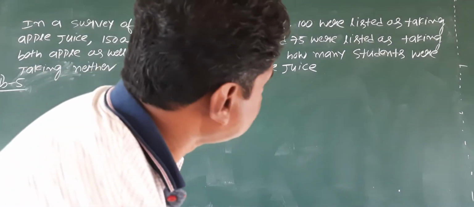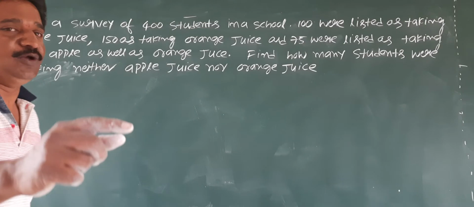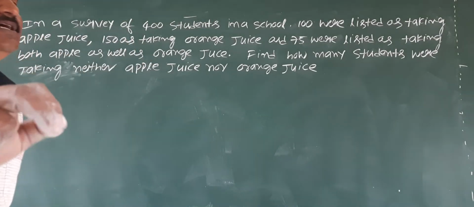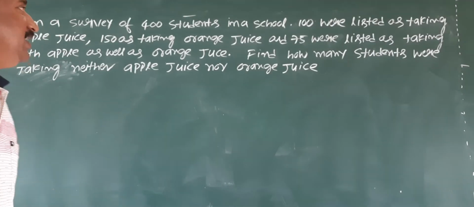Now look at this, students. Solving this problem by using a Venn diagram is so easy. I will explain both the methods. First, let us try with a Venn diagram.